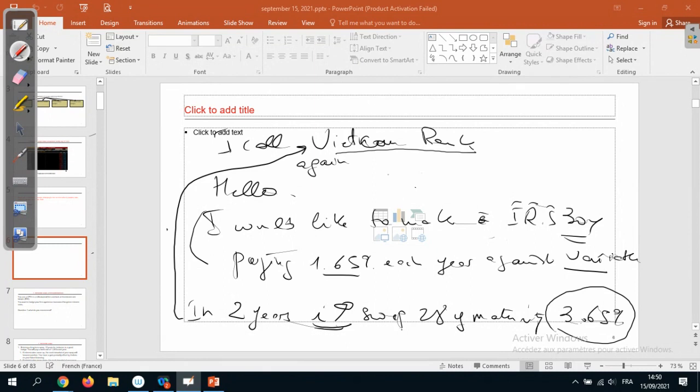Because you have a swap which is paying each year 1.65, 1.65, and year 28, 1.65. And the new swap pays 3.65, 3.65, 3.65. Your swap has what we call a positive market value.